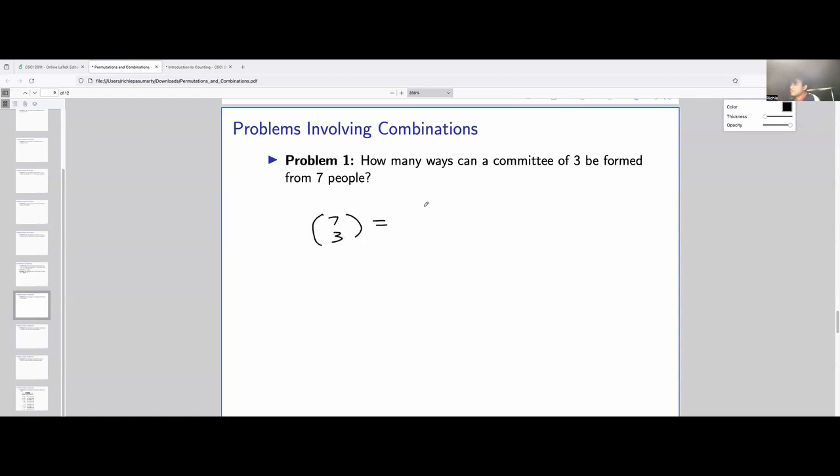Let's just use our formula, 7 factorial over 3 factorial times 7 minus 3 factorial. And this is 4 factorial, so I'll write it out. 7 times 6 times 5 times 4.